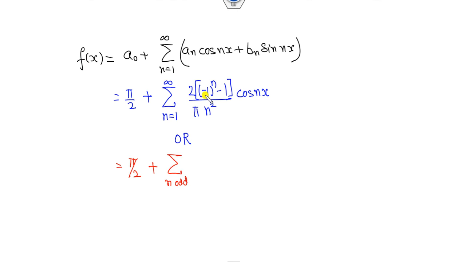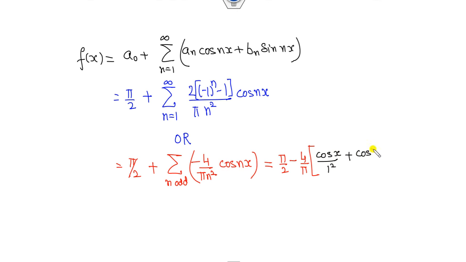So what is this value? When n is odd, it will be minus 4 over pi n square cos nx. Fine. Or if you want to open them, it will be pi over 2 minus 4 over pi as a common factor. So when n is 1, the answer is cos x over 1 square plus cos 3x over 3 square and so on. So that is the Fourier series of this given function.